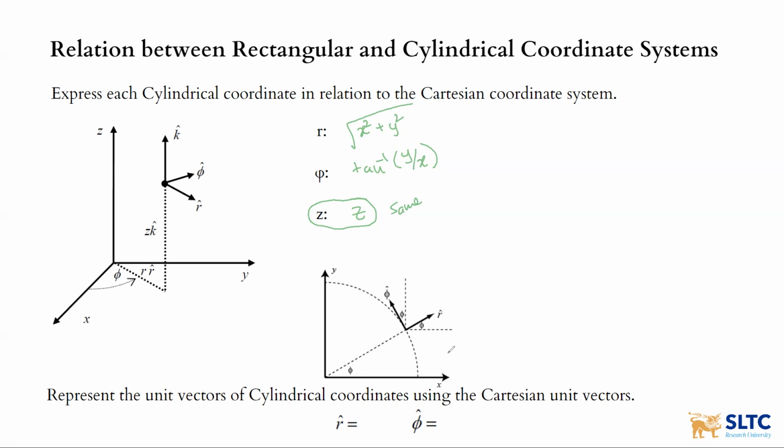By taking a combination of the unit vectors along the x and y axes, we can define the unit vector along the r coordinate. So we can define r hat as the combination of cos phi i hat plus sin phi j hat. We will go to the next slide, and I will show you.